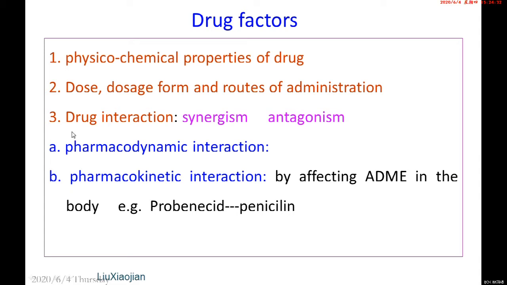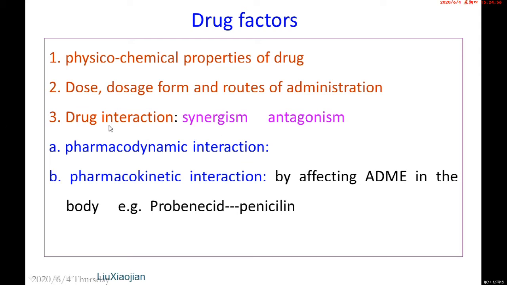Sometimes maybe some patients require drugs used in combination. So it also brings out drug interaction. The result of drug interaction includes synergism and antagonism.